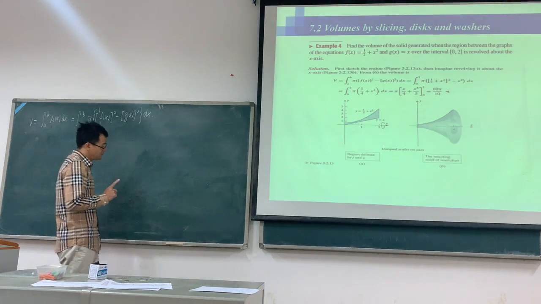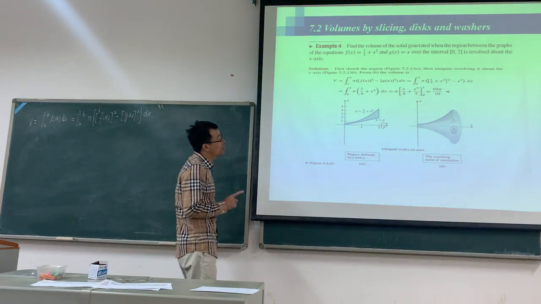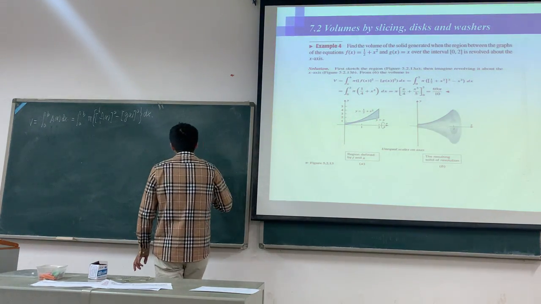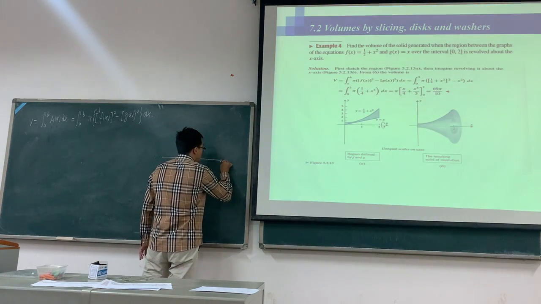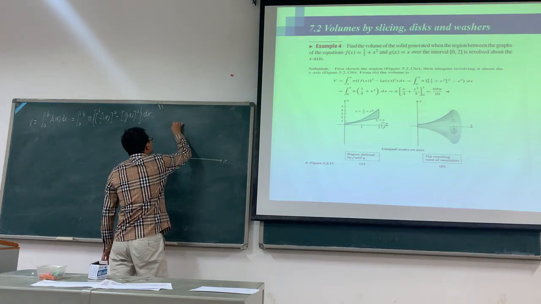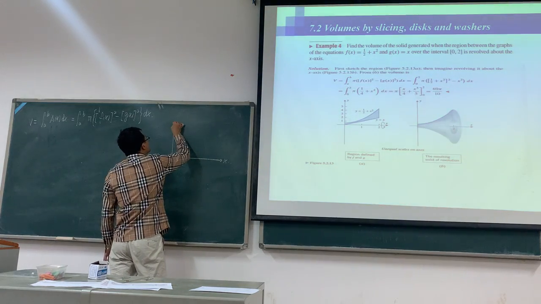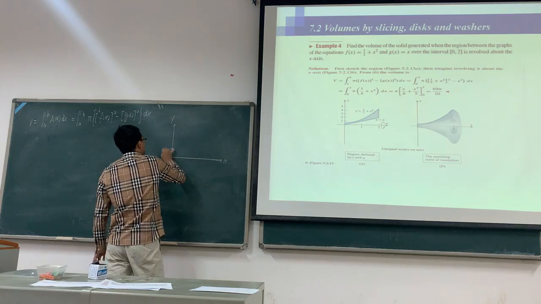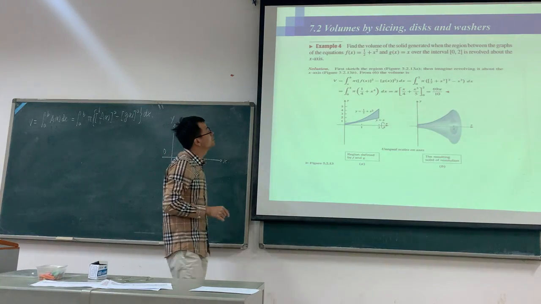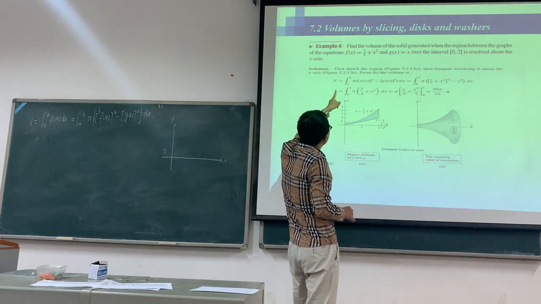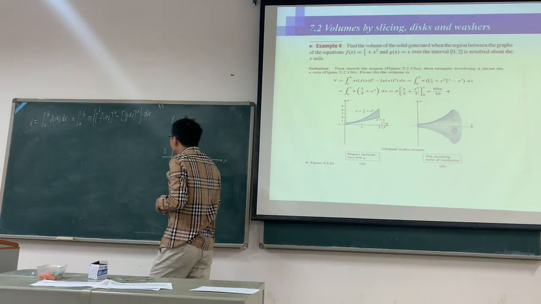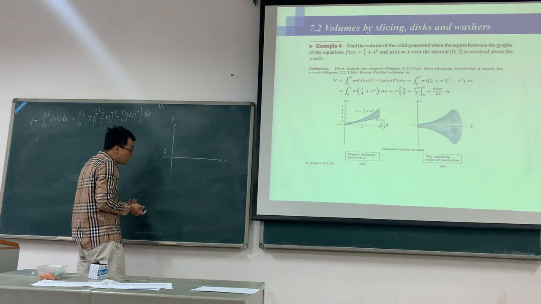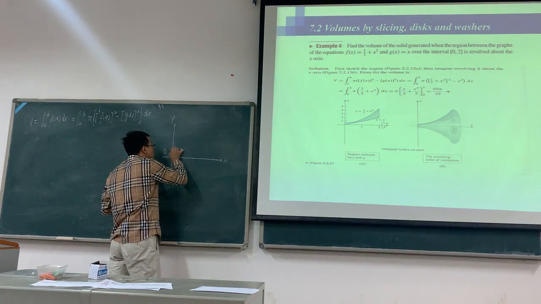So here we first plot the graph. Here is x, here is y, here is the origin. First is f(x) equals 1/2 plus x squared, which looks like this.